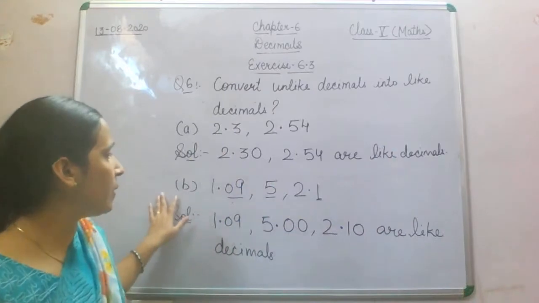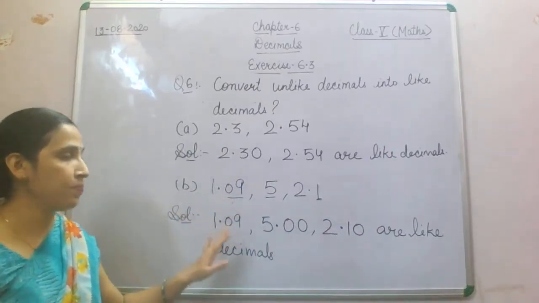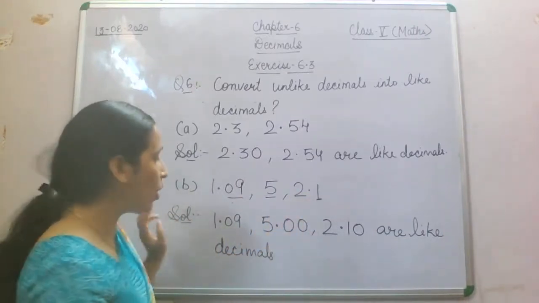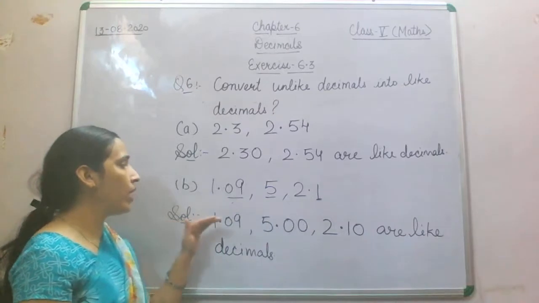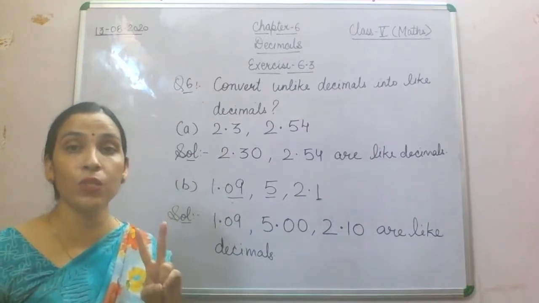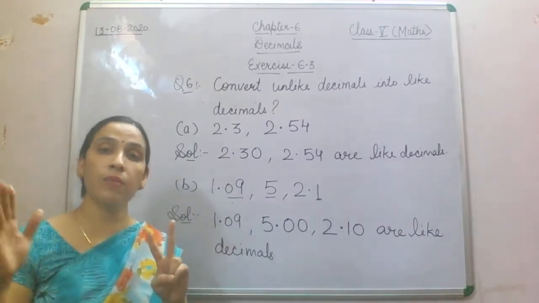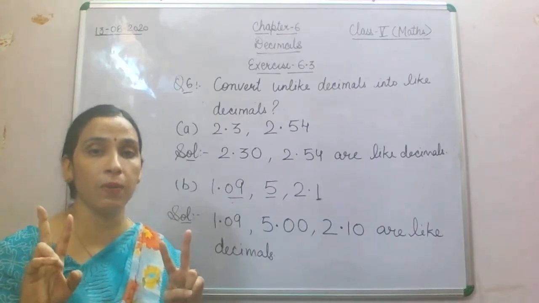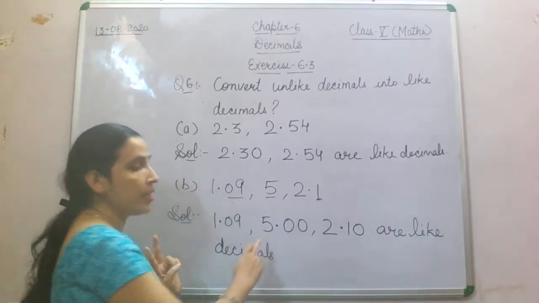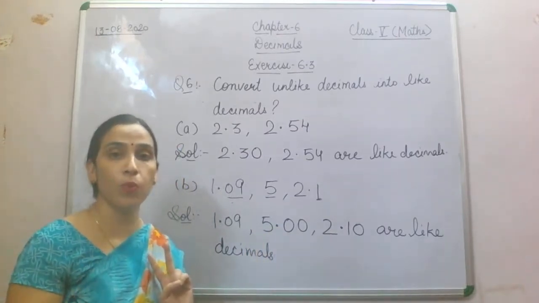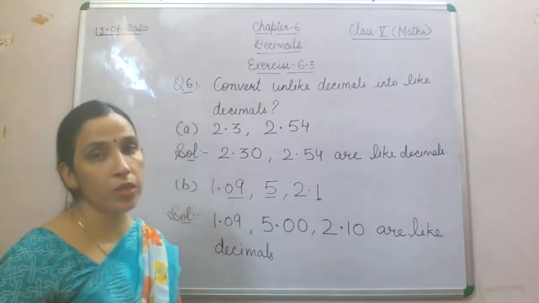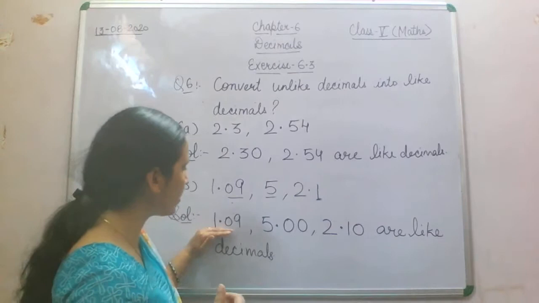Now we'll come to our B part, 1.09, then we have a whole number also, 5, and then 2.1. So what is asked in this question? You have been given 2 decimal places here. If one number has 2 decimal places, the other numbers must also have 2 decimal places. So in this whole number we will put a decimal point, and after that decimal point we will add 2 zeros. It will become the like decimal of 1.09.